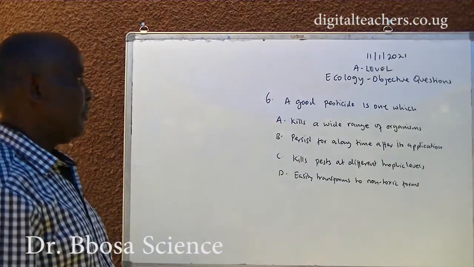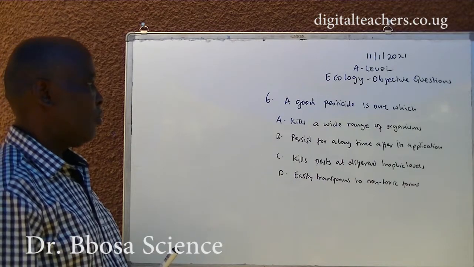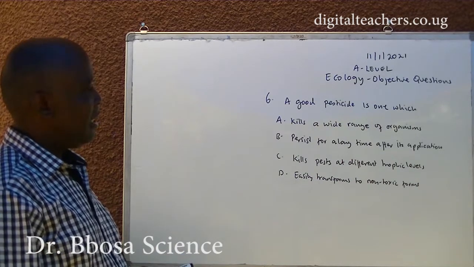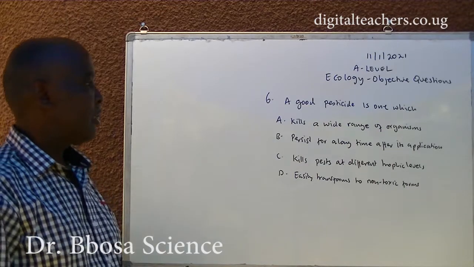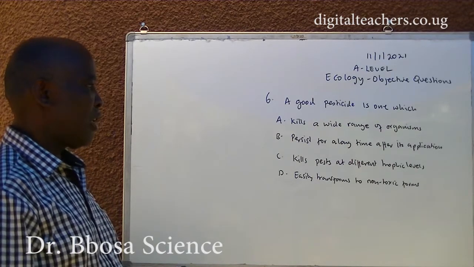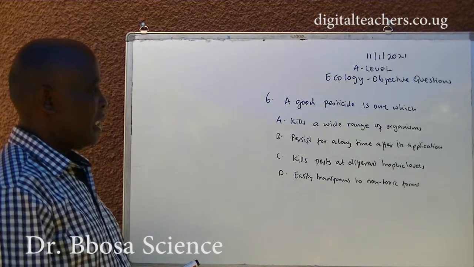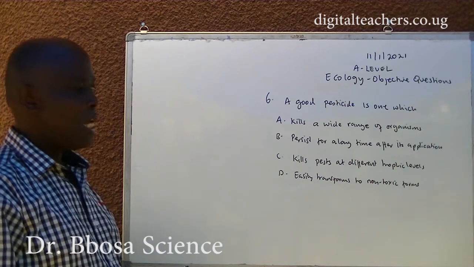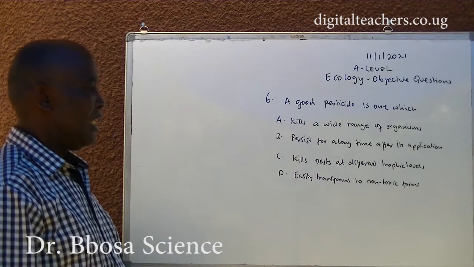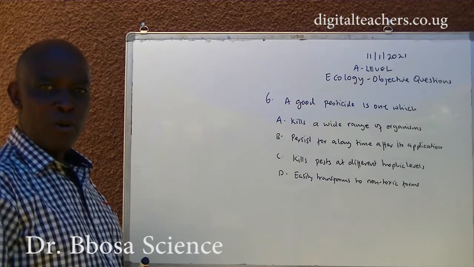Number 6. A good pesticide is one which A. kills a wide range of organisms, B. persists for a longer time after its application, C. kills pests at different trophic levels, D. easily transforms to non-toxic forms.